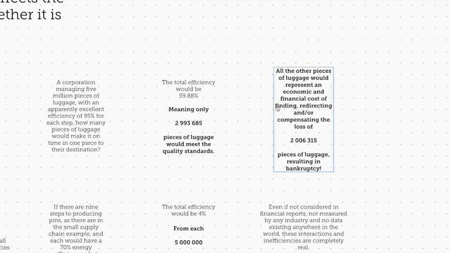Why? Because just imagine, out of the 5 million pieces of luggage, you would either need to find, redirect, and or compensate for the loss or damages of more than 2 million pieces of luggage. Then this would essentially result in bankruptcy, mostly, but not only, because of bad experiences, and people would actually stop traveling with you.